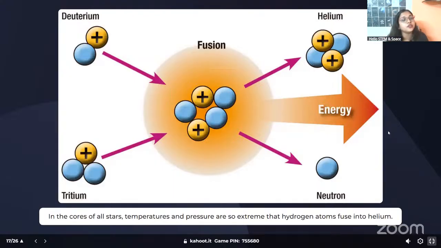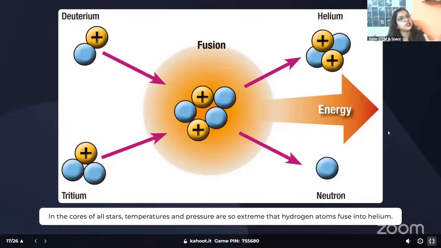Helium will combine and form the next heavier element, which is carbon, and then it will turn into oxygen. There are so many different ways it will go through. For stars bigger than the sun, it might go even to iron, which is very heavy.